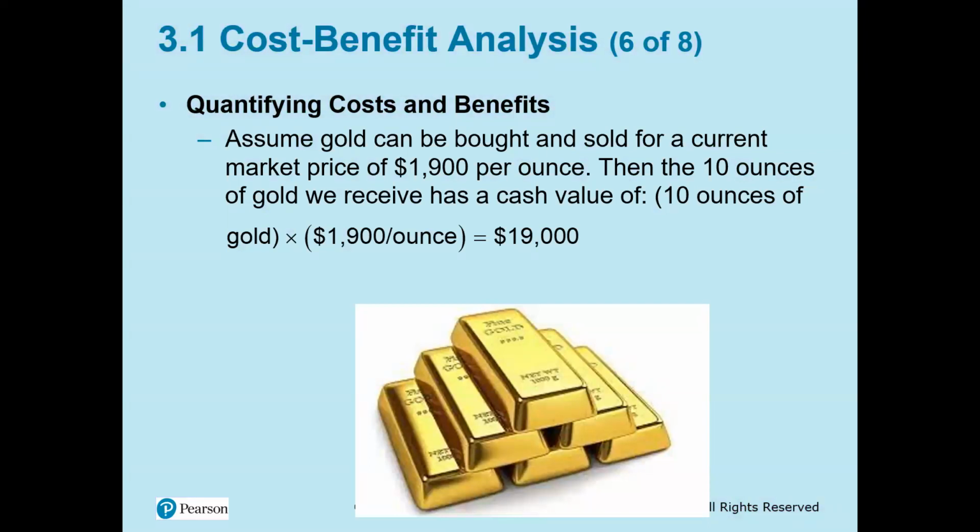Let's look at gold. Assume gold can be bought and sold for a current market price of $1,900 per ounce. Then the 10 ounces of gold we receive has a cash value of 10 ounces of gold times $1,900 per ounce, which will give you $19,000.